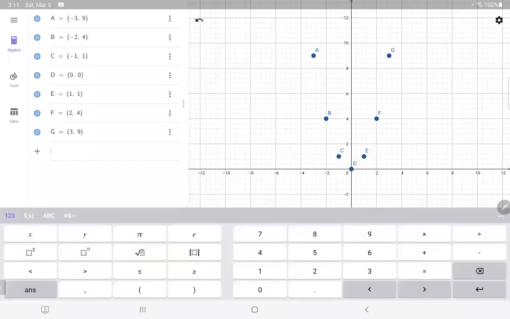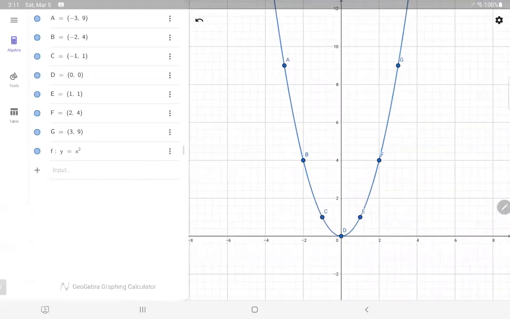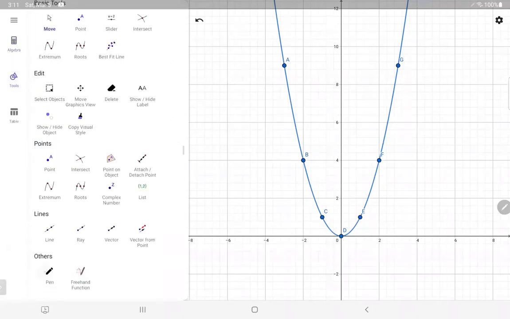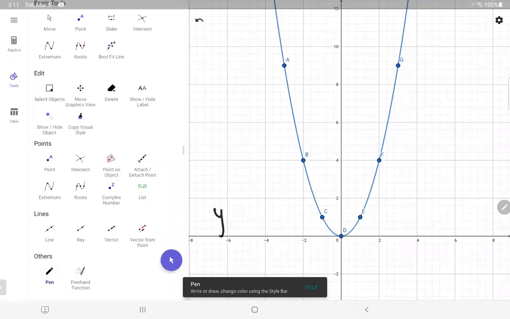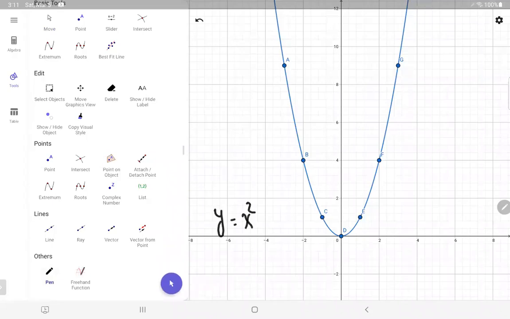So to match this, I'm going to go immediately to so this is exactly what we get. This is exactly what we get. So this is the graph of y equals x squared. And this kind of graph has a name.